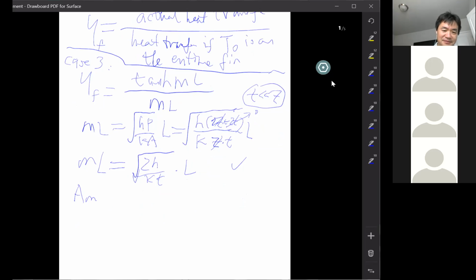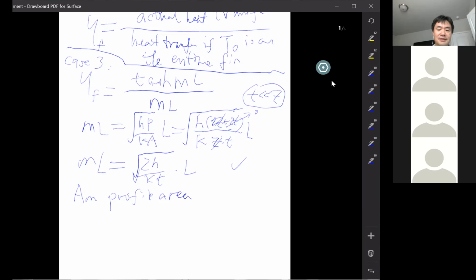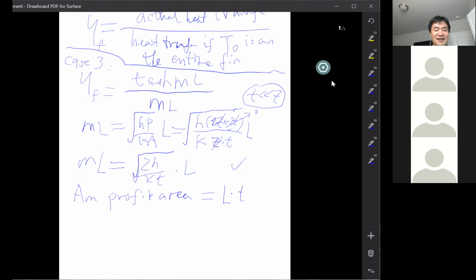The profile area equals L times T. Look at the drawing. What is L times T? What is the profile area? I already said the frontal area. To me, that's easier to understand, right? The front area, when you look at the thing from the front.